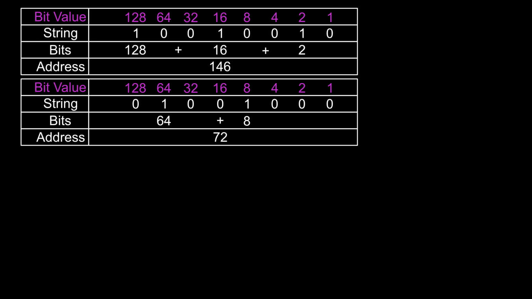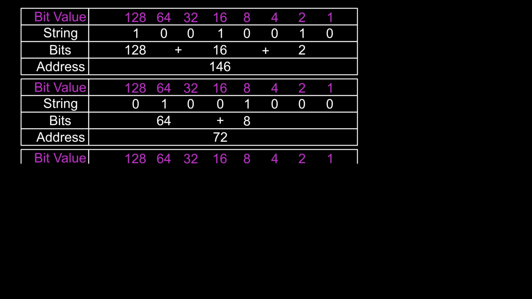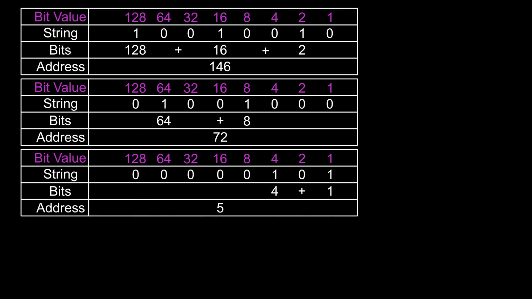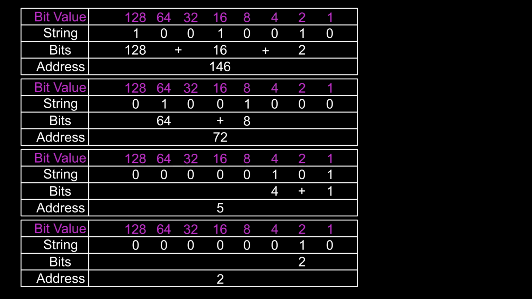So now we have 146.72 and .5. As you can see here, the 4-bit and the 1-bit are set, so we add those together to get 5. And then in the last one here, you can see that we have just the 2-bit set to 1, so the last octet is 2.